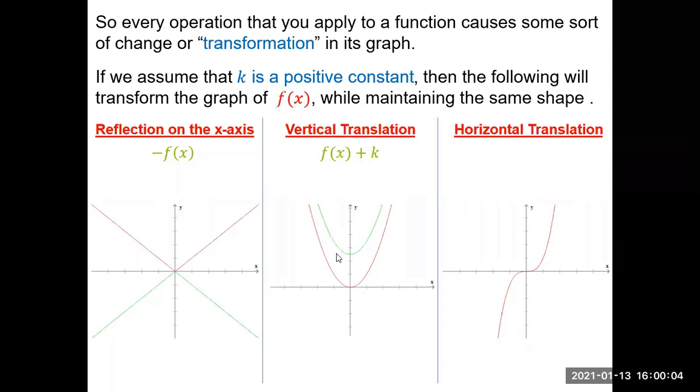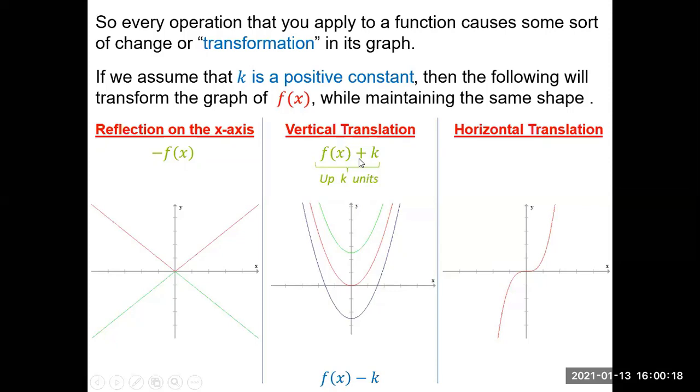If I now subtract a number from a function, then that will cause the graph to move downwards that far, or k units in this case. But that should make sense because adding a number causes the output to be larger. Subtracting a number causes the output to be smaller, and therefore that moves down k units.